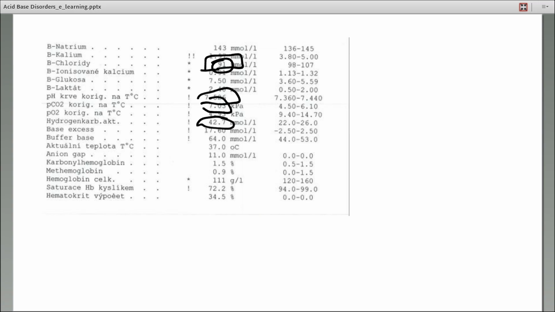Primary hyperaldosteronism can be caused by an aldosterone-producing adenoma, but much more common is secondary hyperaldosteronism, and that is related to anything that decreases perfusion of the kidney and therefore decreases production of renin.